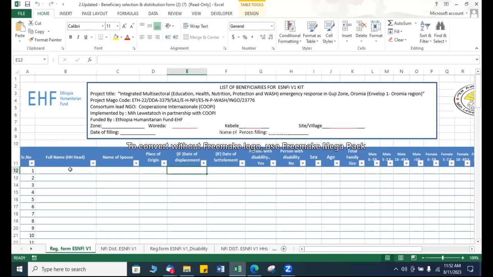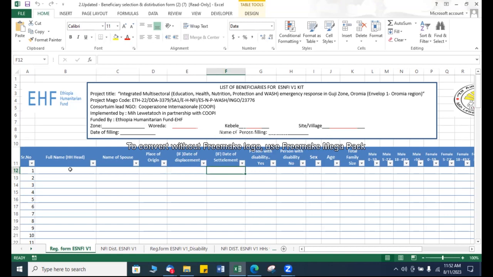For example, those people may have been displaced 3 months, 2 months, or 4 months ago, so we have to indicate when they were displaced from their place of origin. Then we also have to indicate the date of settlement in the area where they are residing now. We have to write that too.